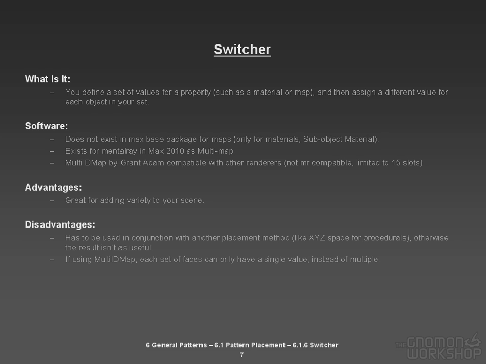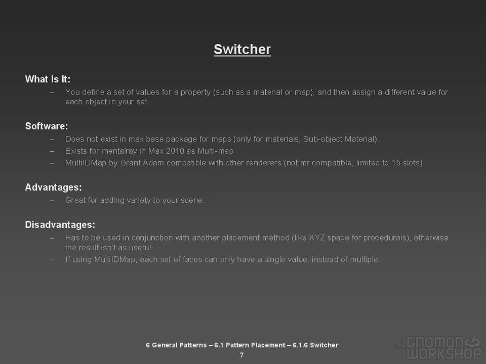So the advantage of using this technique is it's really great for adding variety to your scene. Disadvantage-wise, it generally has to be used with another placement method to get something useful. And also, the disadvantage if you're using Multi-ID Map is that each set of faces can only have a single value instead of multiple values. So say you have 5 different rock colors and 5 different rock bumps. If you could somehow have 2 different sets of IDs on your objects, then you could have a total of 25 different materials.